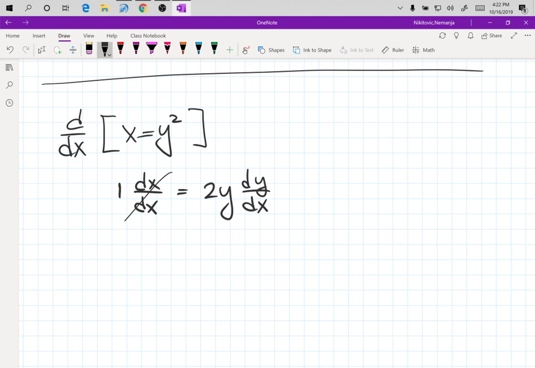Now over here in orange, d/dy of x equals y squared. Just because we can. Work that one out on your own. You're going to get the same or not the same?